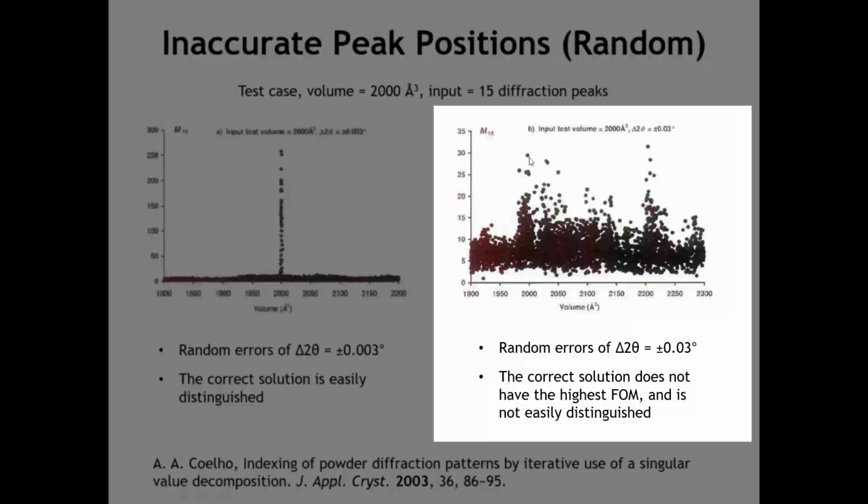We do see that the correct answer, which is probably right here, still has a reasonably high figure of merit, but it's only 30 and not 300. And you can also see that there are just many solutions, some of them with quite different volumes, that have very comparable figures of merit. So random errors of 0.03 degrees in your 2 theta value is really bad for indexing.